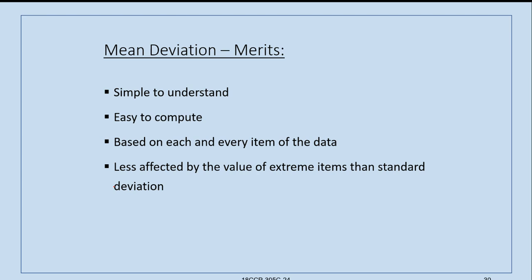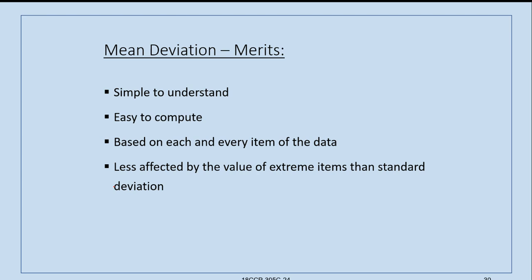In range, we will not take any other values, only the smallest value and the highest value. And for discrete series and continuous series, we will not take frequencies. So these two are the demerits of range and coefficient of range.